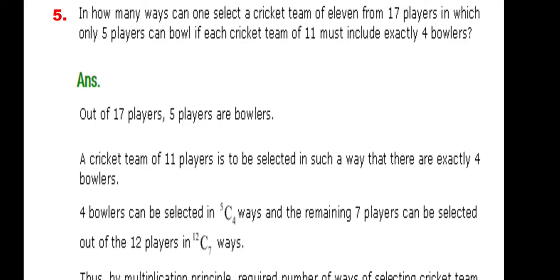The students, out of the 17 players in the team, 5 are the bowlers and the remaining 12 are the batsmen. So in the selection of 11 players, we have to select 4 bowlers out of the 5 bowlers, and the remaining 7 batsmen from the 12 batsmen.